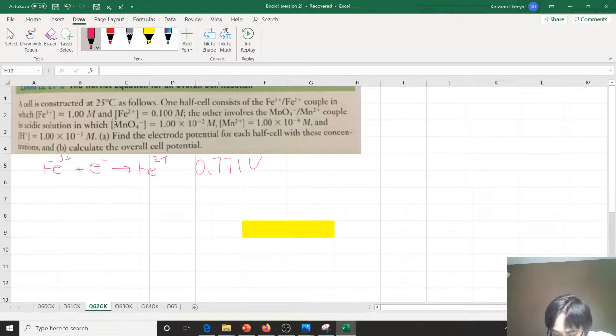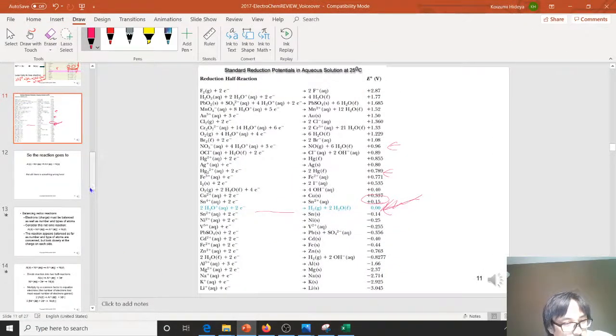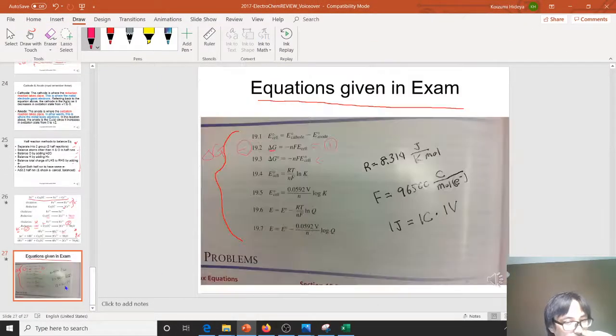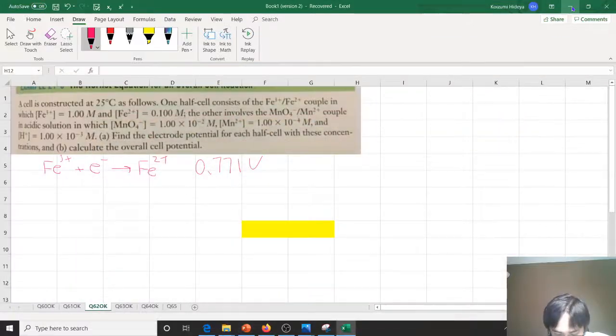So let's use the formula given all the way at the bottom, 19.6: E is equal to E naught minus RT over nF ln of Q.